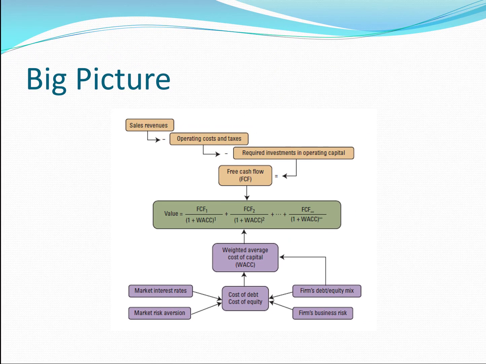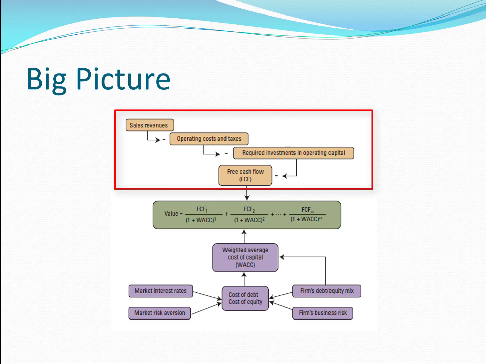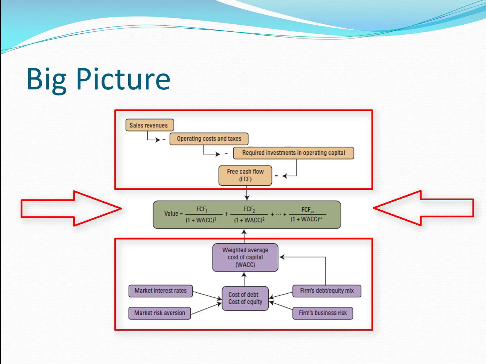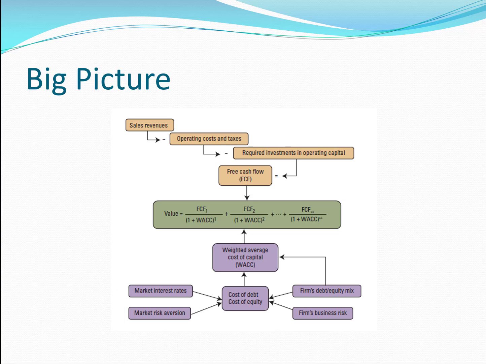So the size of the cash flows and the timing of the cash flows is going to come from the investments that we've made by virtue of running our company. So that's this top area. Financing is this bottom area, and together those two help determine the value of the firm. So we'll get into much more of this in much more detail throughout the course. This is just a broad overview. And so we'll stop now, and I'll talk to you next time.